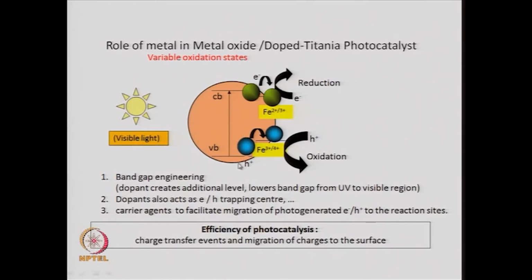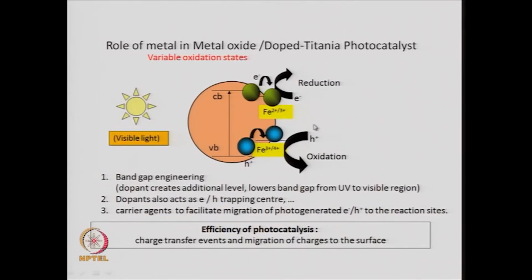If you have electron and hole generation, even with less energy, you can create these levels where an electron in the conduction band can go to the iron 3 plus, and iron 3 plus will get converted to iron 2 plus.